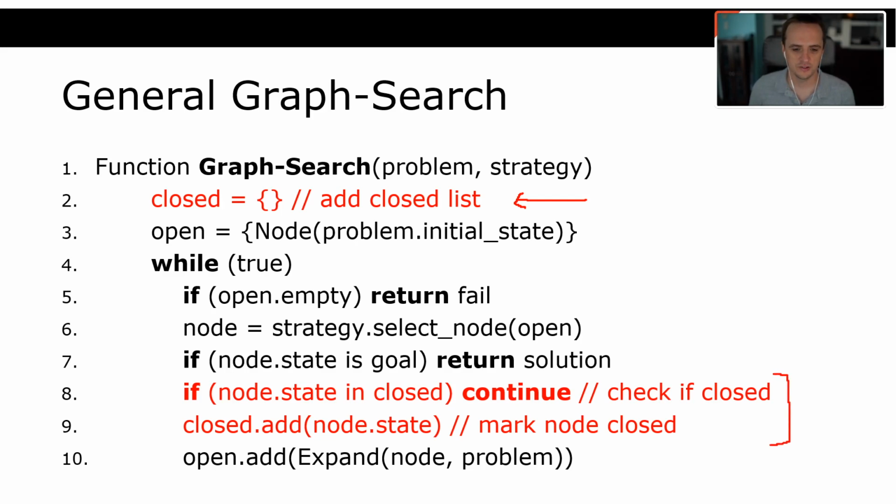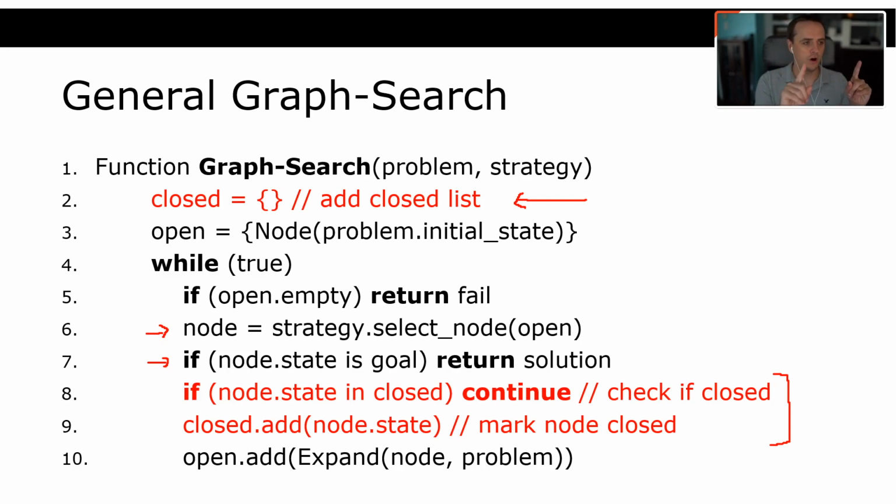In the while loop, first of all, we say, okay, if the open list has nothing in it anymore, then we can't search, so we return fail. Then we select a node from the open list to expand next. Then we say, if that node is the goal, then we return a solution.